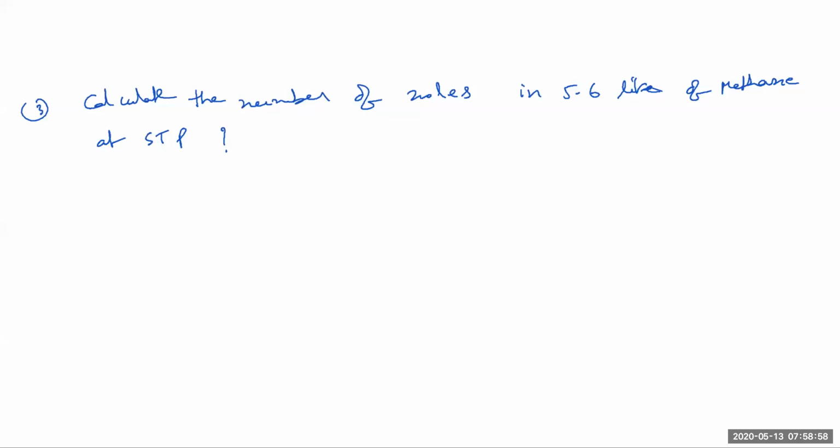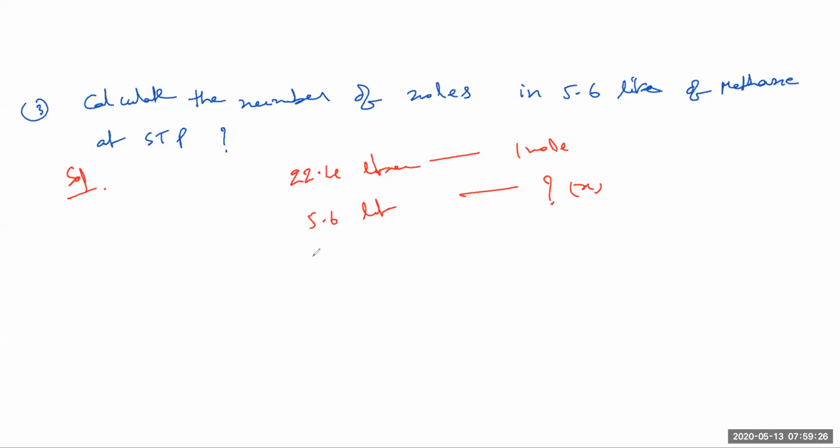0.25 moles is right. So you know what the solution means. See, here it's given liters, right? 22.4 liter means 1 mole, right? Now 5.6 liter is equal to how many moles? Say X. You know, cross multiplication and division formula.